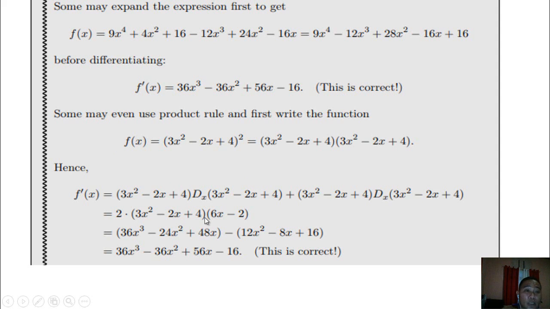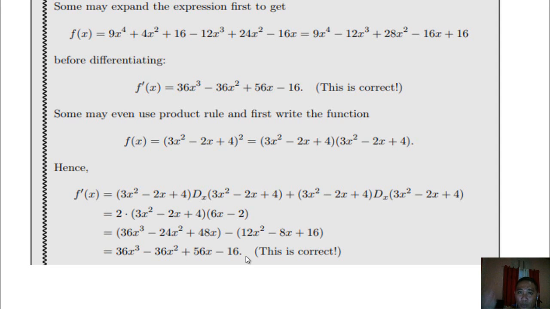That means you will get 2 times 6x minus 2, or 12x minus 4, times 3x squared minus 2x plus 4, or you will get 36x cubed minus 36x squared plus 56x minus 16. So, that is our final answer, in which we need to take the derivative of the outside first.